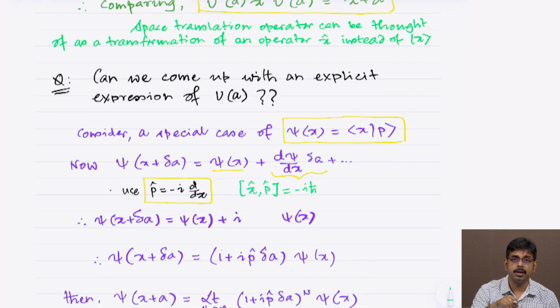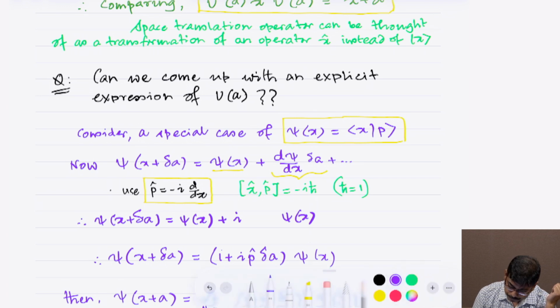When you express the momentum operator in the position space, it should take the form -iħ ∂/∂x. The only thing is that we are adopting natural units where I have used ħ = 1. So, the p operator should be written as -i d/dx.